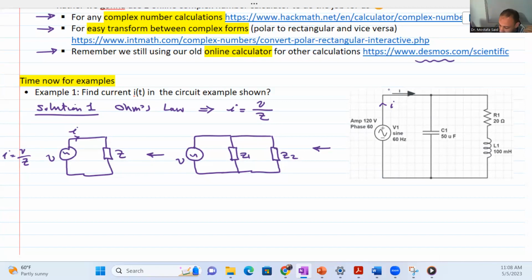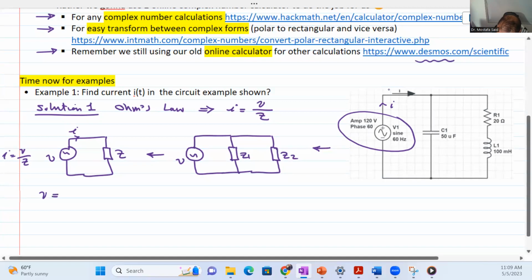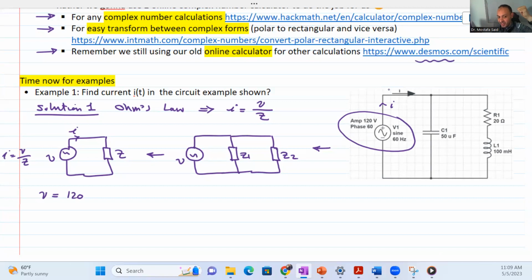But V is known, right? It's given here. Look at the circuit. Amplitude 120, phase 60. So V is actually 120, which is the RMS value. Again, go back to our first lecture, the introduction to AC circuit analysis, and you're going to know what is meant by RMS. Angle 60.